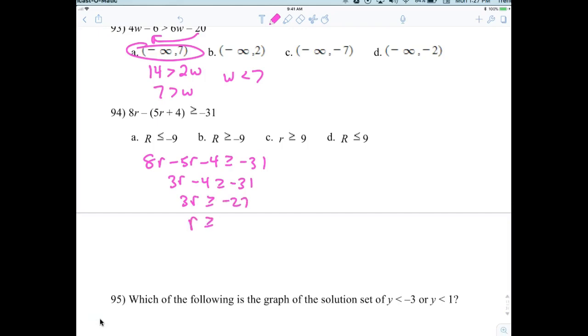So R is greater than or equal to -9. Now, I would not change the sign because I'm not dividing by a negative. I only change if I'm multiplying or dividing by a negative. The answer being negative doesn't change the inequality.